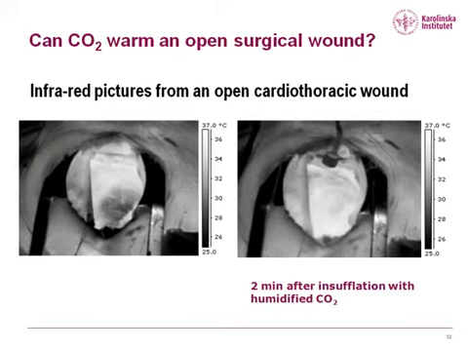And what about patients? These are infrared pictures from a cardiothoracic wound. Dark means 25 degrees. White means 37 degrees Celsius. So you can see that the wound edges are cold, hypoperfused, and also the right ventricular outflow tract is colder, indicating that you have evaporation and cooling of that area.